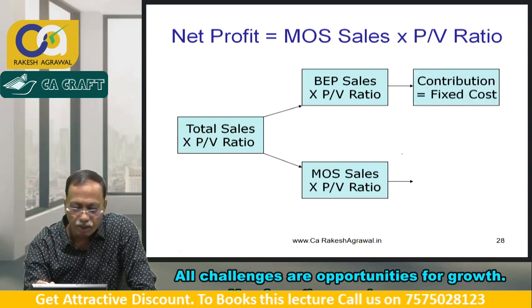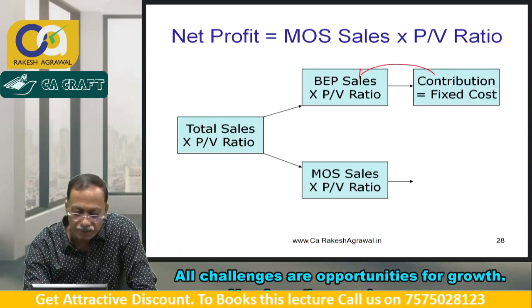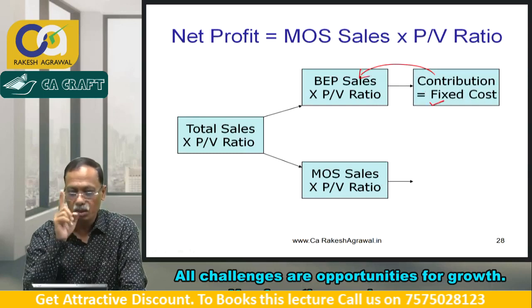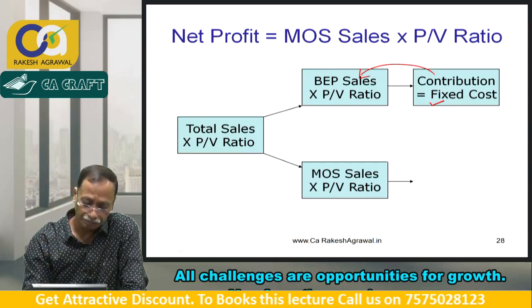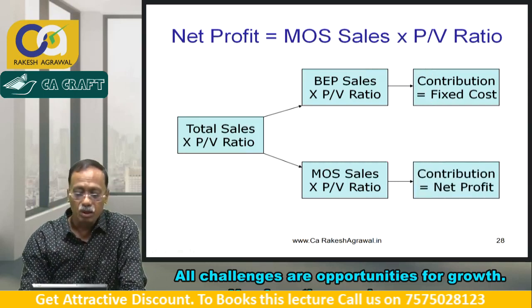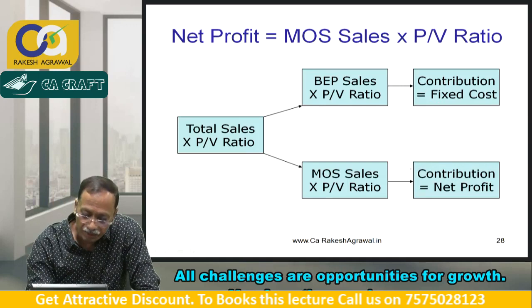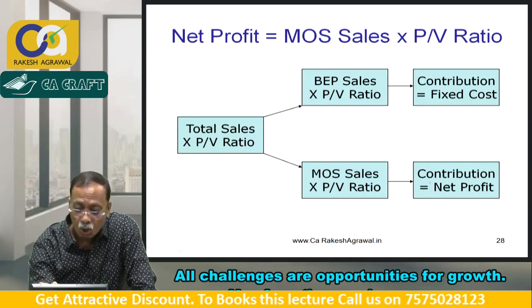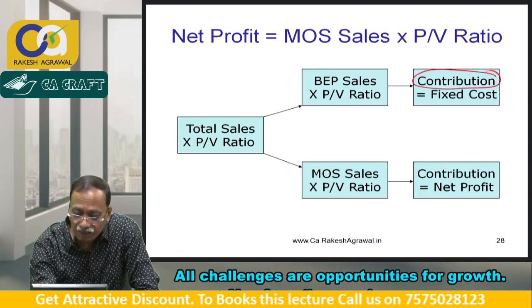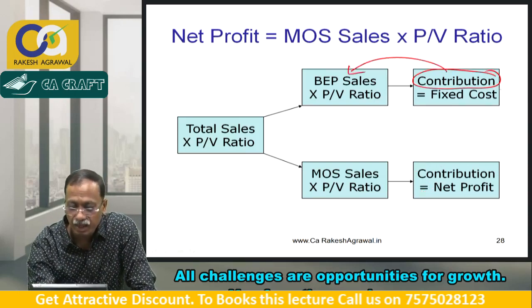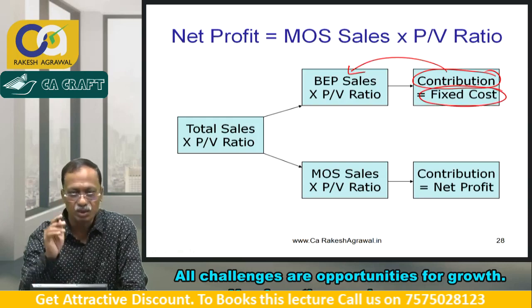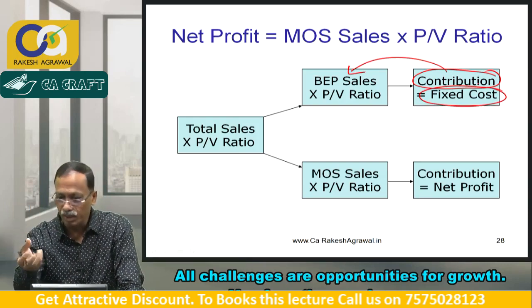But I hope you remember, contribution earned at BP sales is exactly equal to fixed cost, because at BP, contribution is exactly equal to fixed cost. And contribution earned by margin of safety sales will result in net profit. Now try to understand how. Whatever contribution I have generated from BP sales has been utilized to recover my fixed cost.